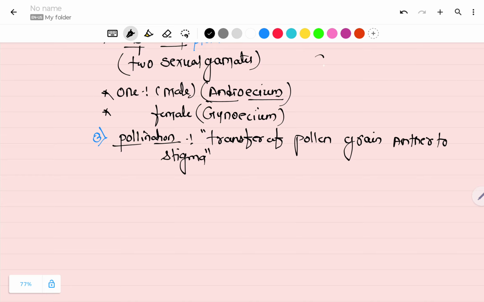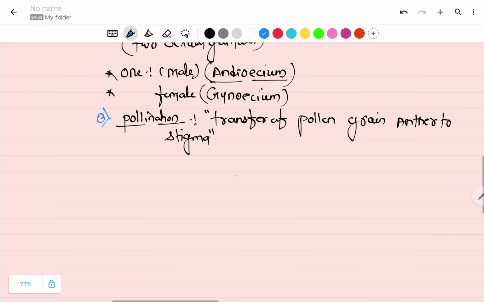And the pea plant favors two types of pollination: first is self pollination and second is cross pollination. So that's why Mendel selected the pea plant.